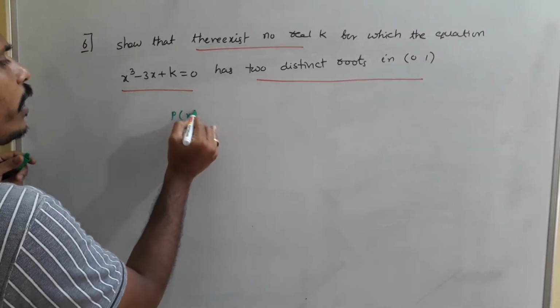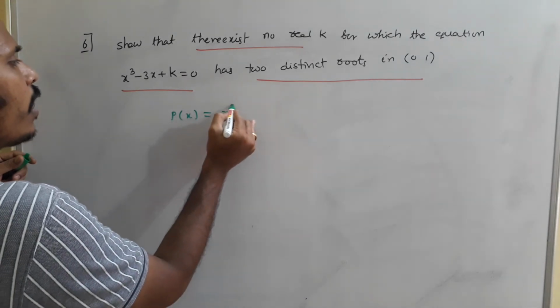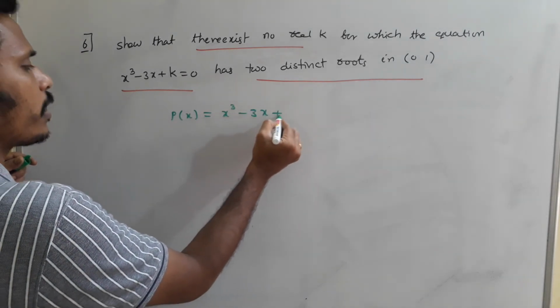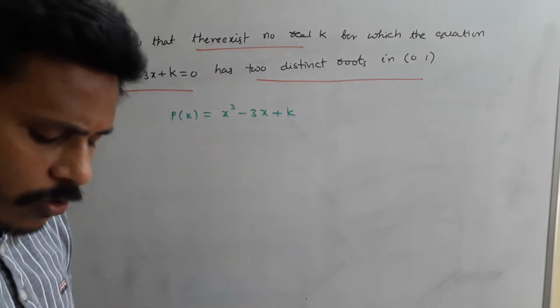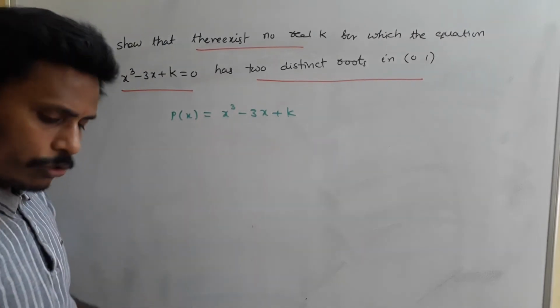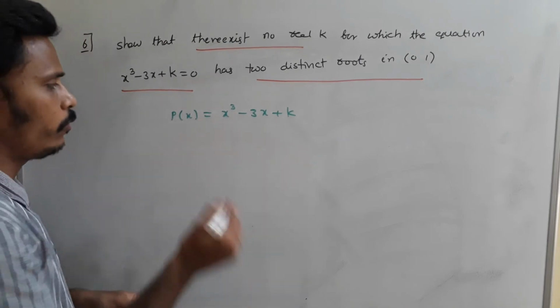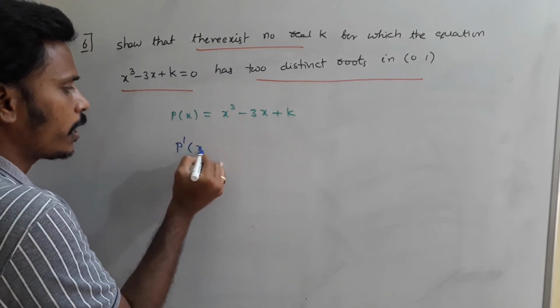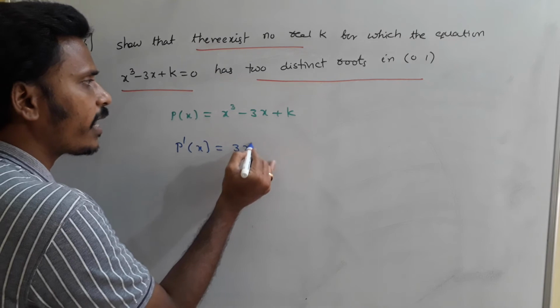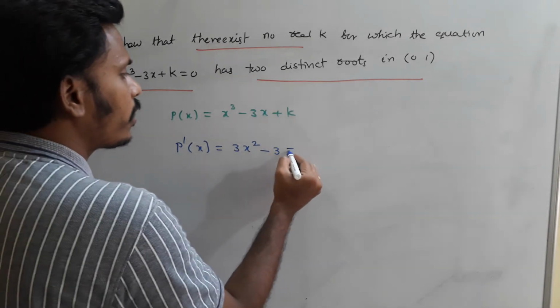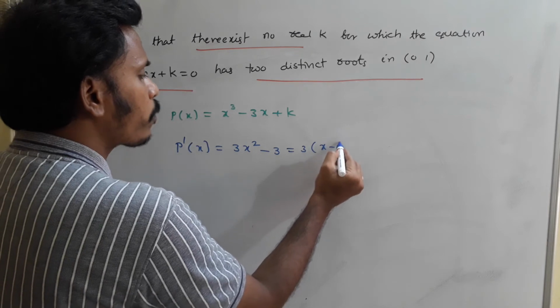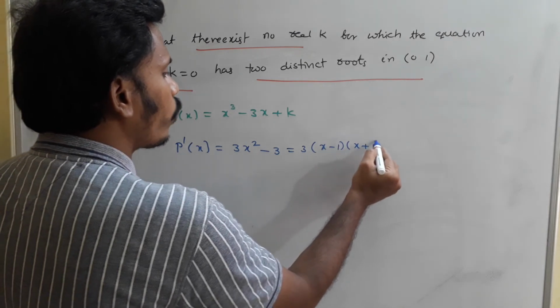Let the polynomial equation or the function be x cube minus 3x plus k, and for every k this is continuous and differentiable since it is of the polynomial form. You just try to mention its derivative, p dash of x. Its derivative is simply 3x square minus 3, and it is 0. That is equal to 3 into x minus 1 into x plus 1.